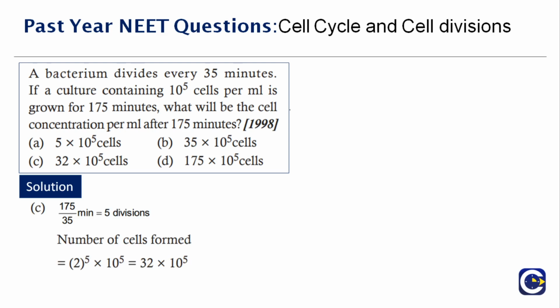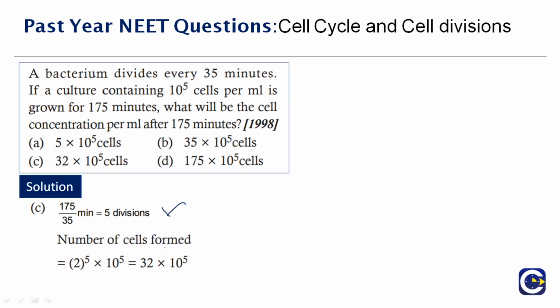In the solution, you have 175 minutes divided by 35 minutes. We need the concentration per ml after 175 minutes. Therefore, 175 divided by 35 will give you 5 divisions.